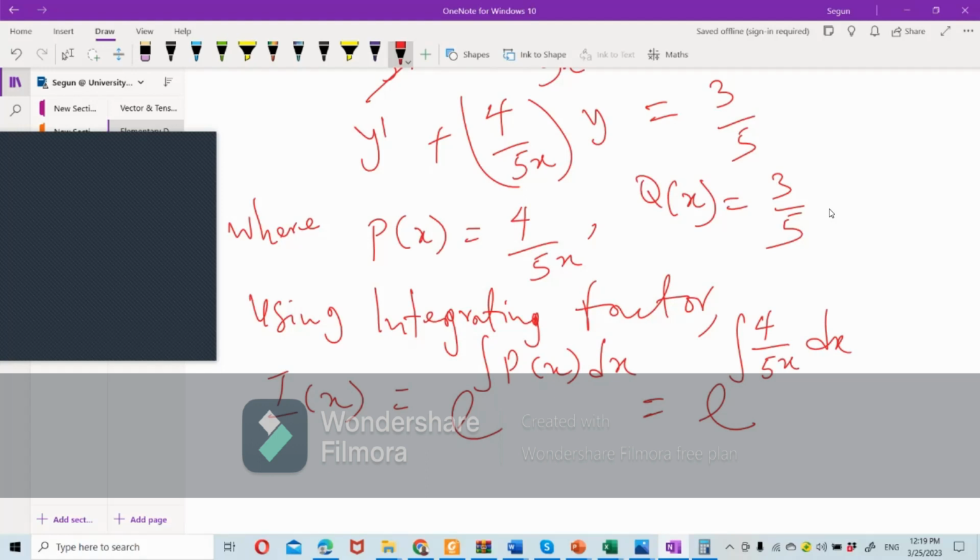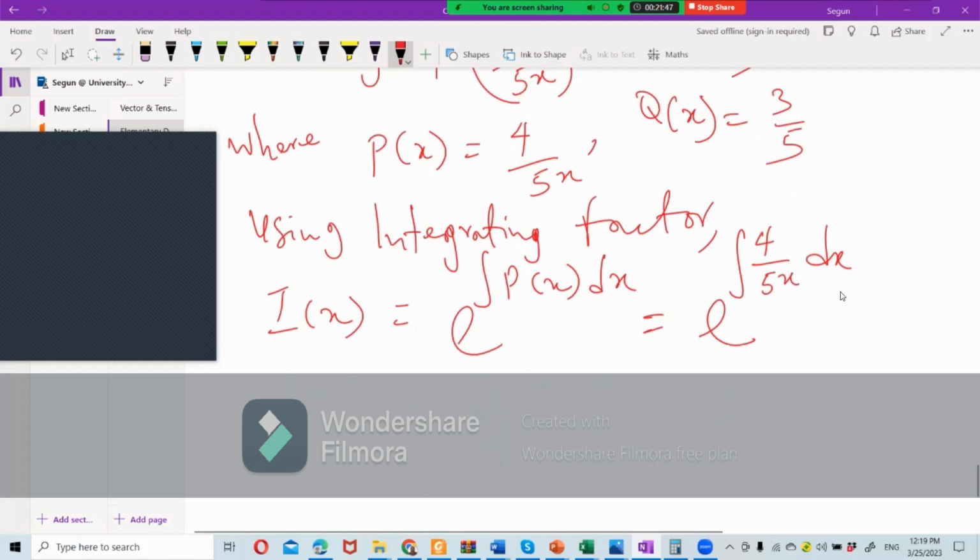Please don't take your x up because the x is actually in the denominator. So in this case now, if I want to integrate everything in the exponential, I can take the coefficient out. I say exponential 4 over 5 integral of 1 all over x dx.